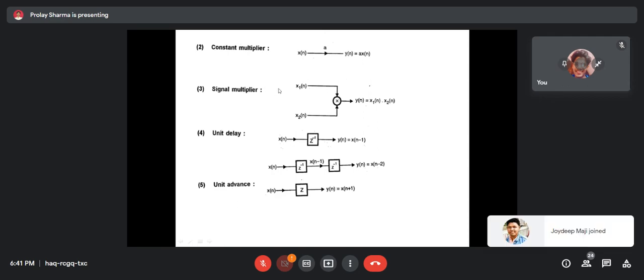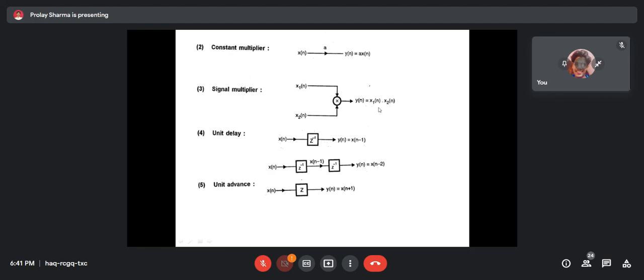Signal multiplier: x1[n] is a signal, x2[n] is a signal. We can multiply these two signals to produce x1[n] into x2[n]. Unit delay is represented by this symbol. x[n] is a signal, and if there is one unit delay, it is written z to the power minus 1, and the signal will be x[n minus 1], the delayed signal.